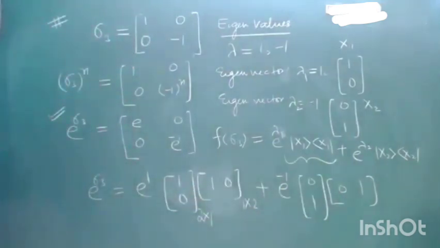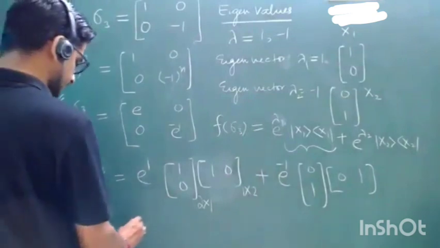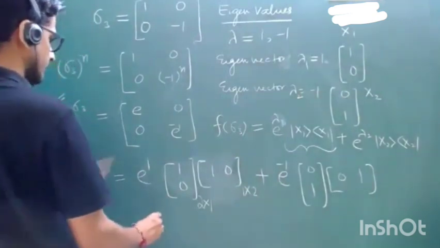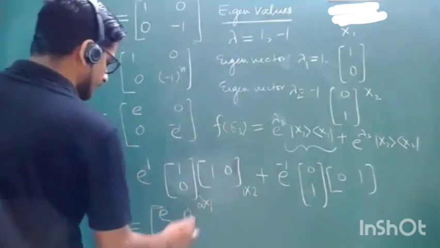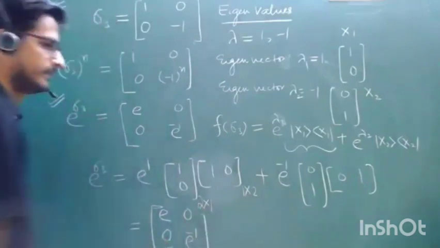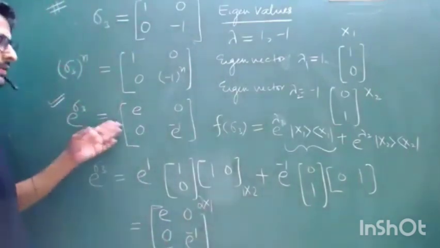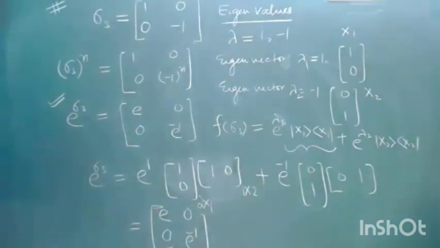Okay, so now when you multiply, what you are going to get is this same e 0 0 e to the power minus 1. You already knew the answer because it is a diagonal matrix, otherwise you will have to do it. So this was just to tell you that this concept is working. So please see all the steps.